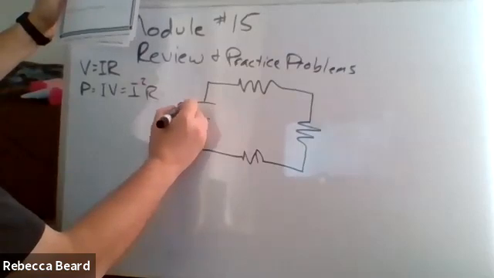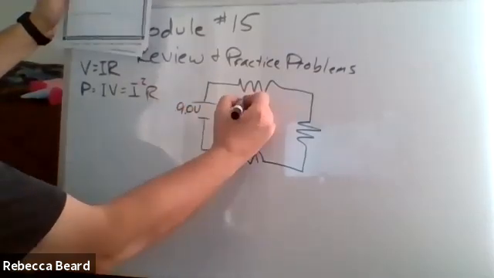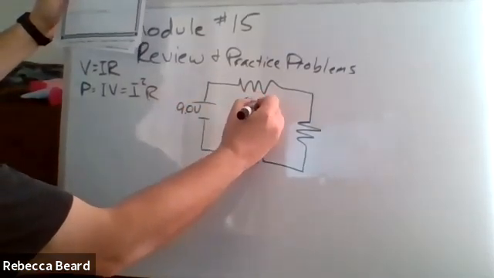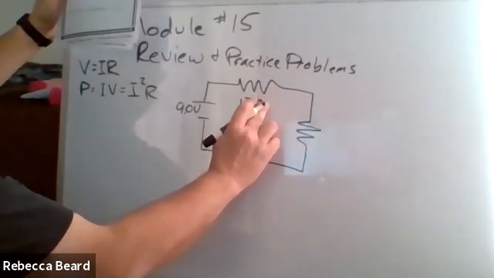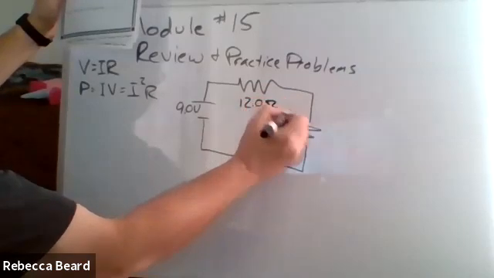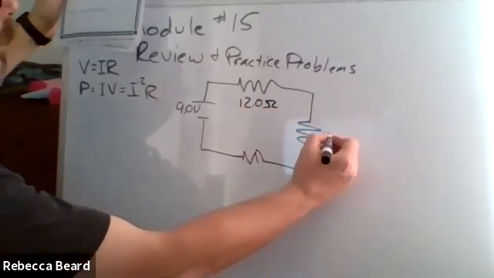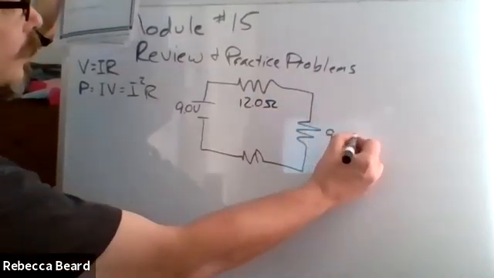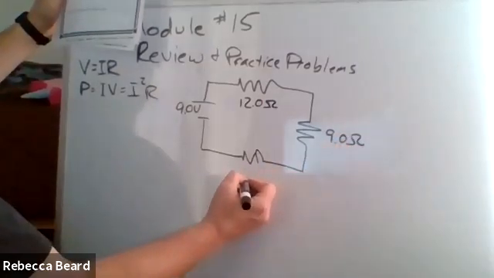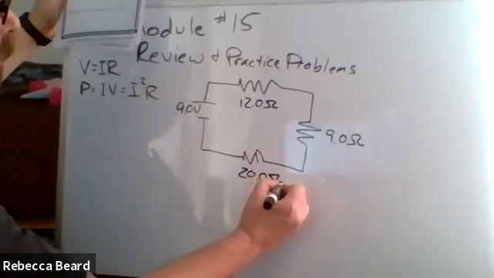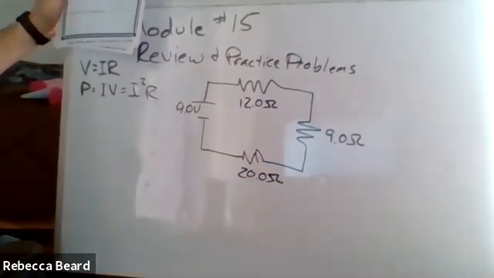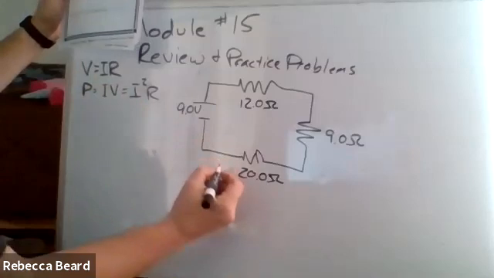So we've got a 9.0 volt battery that is going through a 12.0 ohm resistor, a 9.0 ohm resistor, and a 20 ohm resistor. What is the power drawn on that?